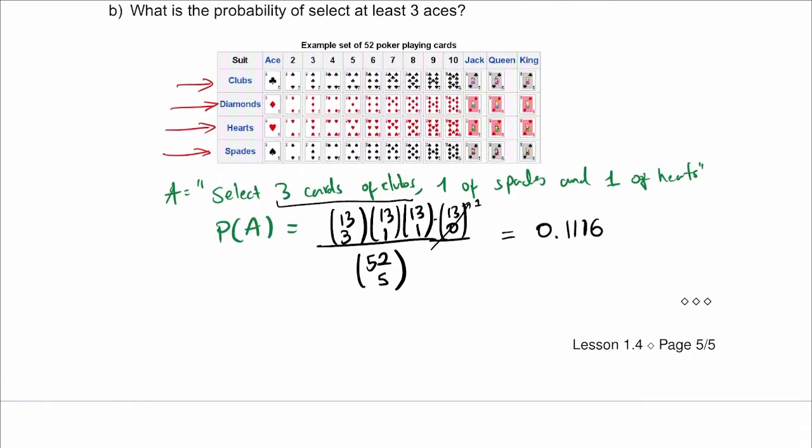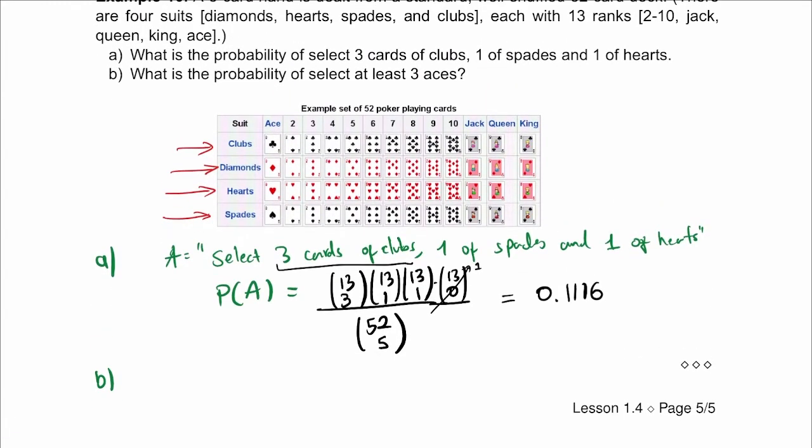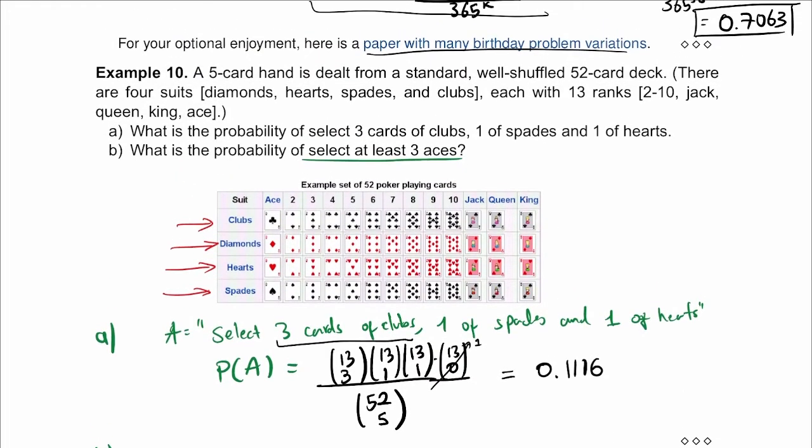Now, that was part A, and for part B, we have, what is the probability of selecting at least 3 aces? Well, in this case, we have 4 aces.